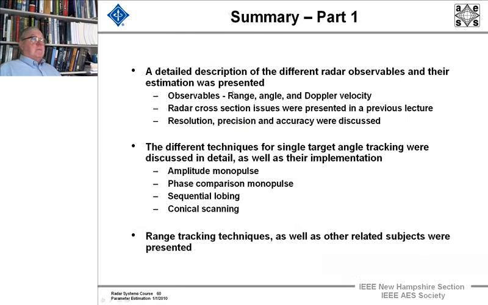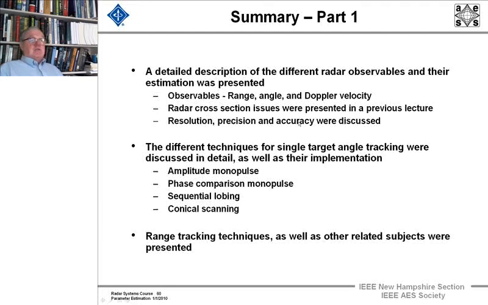Now, in summary, we've had a detailed description of different radar observables, and their estimation was presented. The observables: range, azimuth, and Doppler velocity. We've looked at cross-section observables and their estimation in a previous lecture, and we added some more information in this lecture.